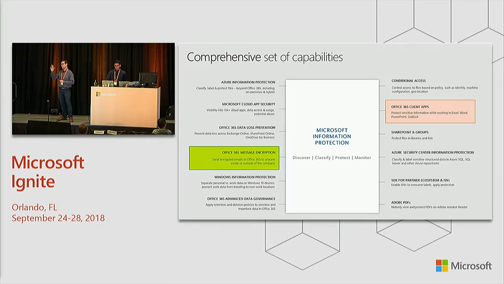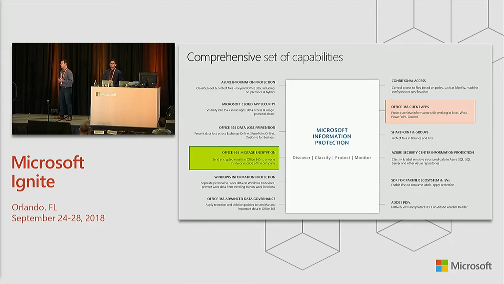How many of you have heard of or used Office 365 message encryption? Some of you? For those who haven't, Office 365 message encryption enables Office 365 users to send encrypted messages to anybody, whether they're colleagues of yours in your company, partners in external companies, and even consumer users, in a way that they can open them.